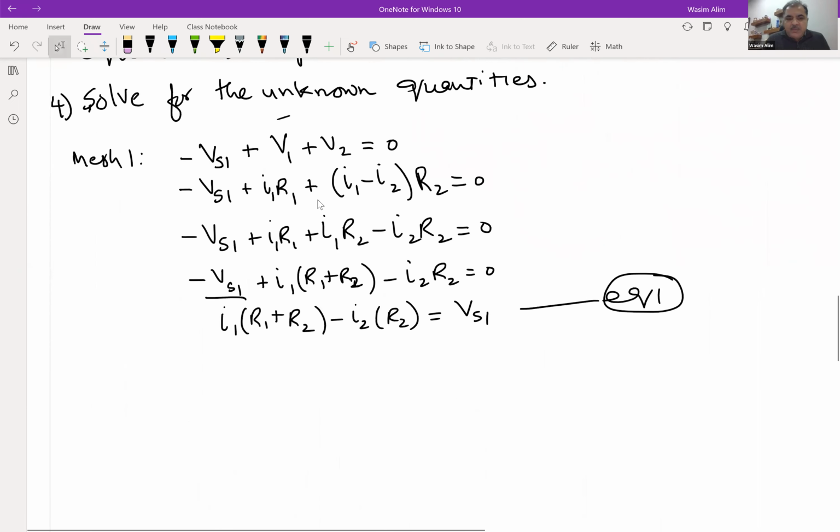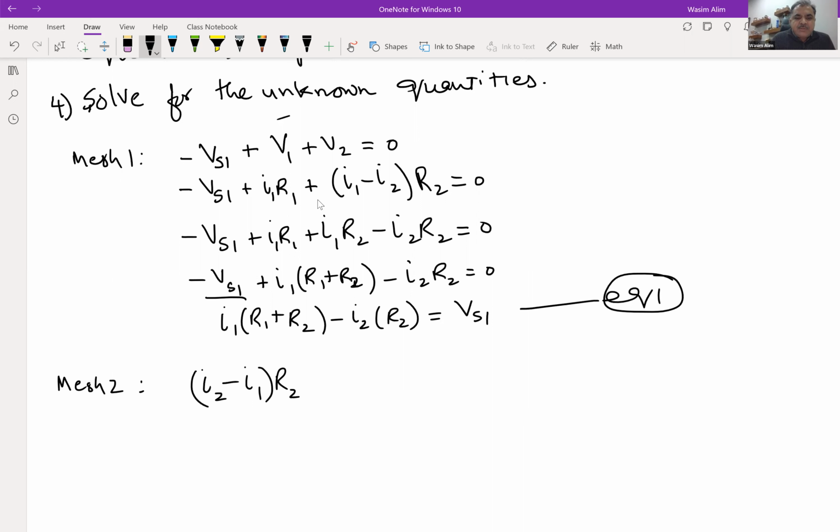Okay, so now for mesh number 2, what I have is I2 minus I1. We're taking that and writing R sub 2 there. Then I have I2 R3 plus VS2 equal to 0.